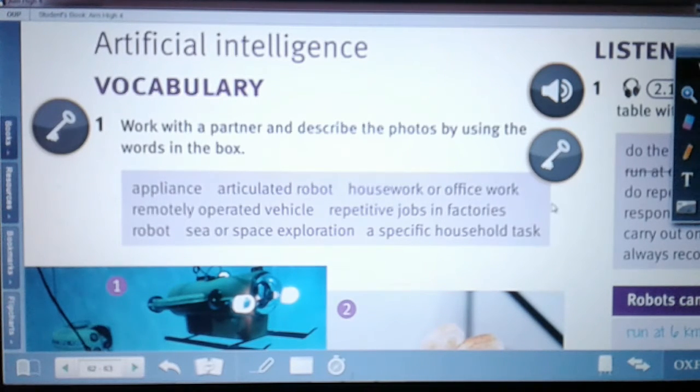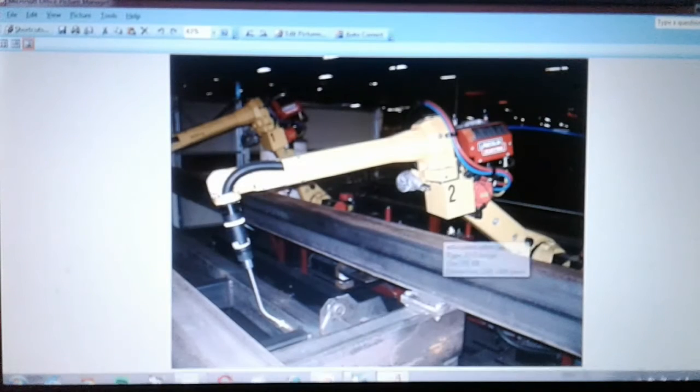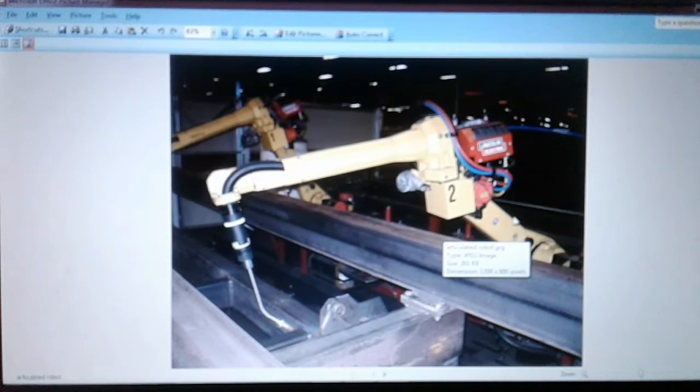Articulated robot is a robot which has big mechanical arms. I'll show you the picture. Here, this yellow machine is called articulated robot. So we can usually see this kind of machine or robot in a car factory.